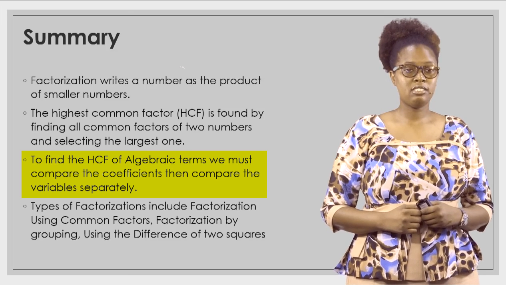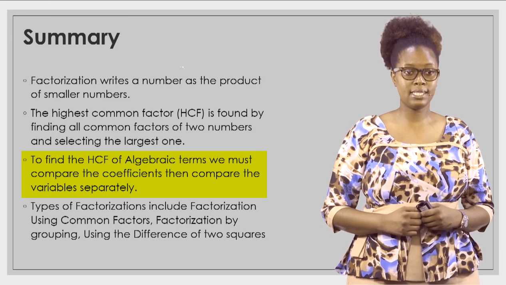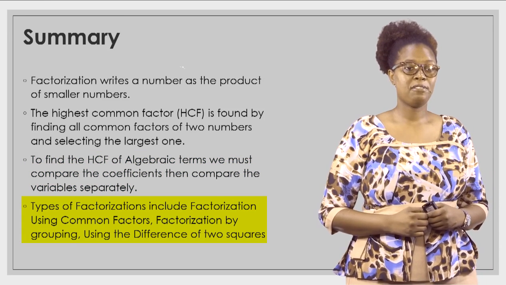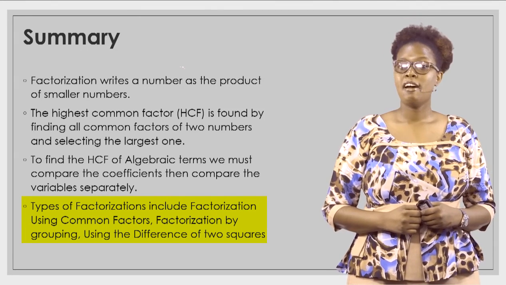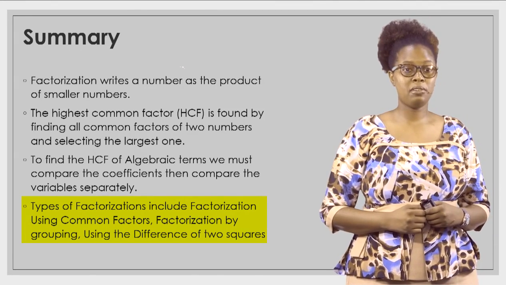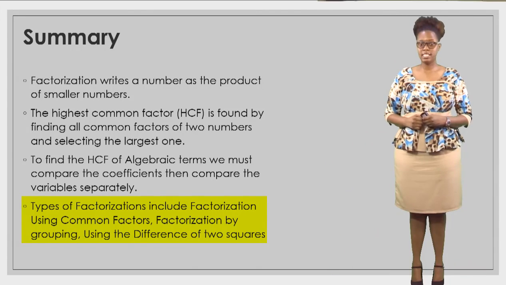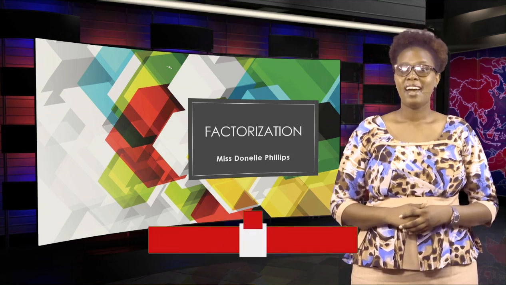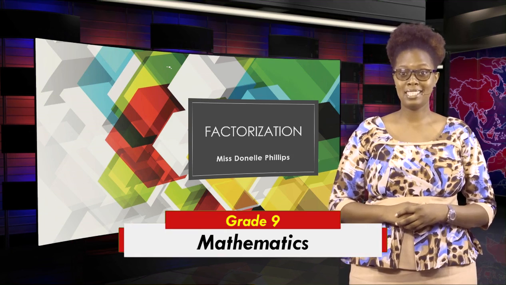To find the HCF of algebraic terms, we must compare the coefficients, then compare the variables separately. And finally, the types of factorizations include factorization using common factors, factorization by grouping, and factorization by using the difference of two squares.